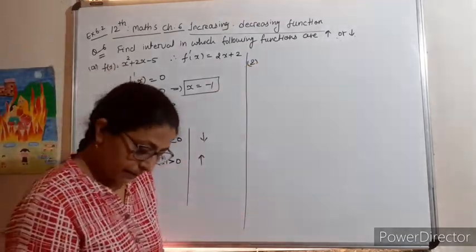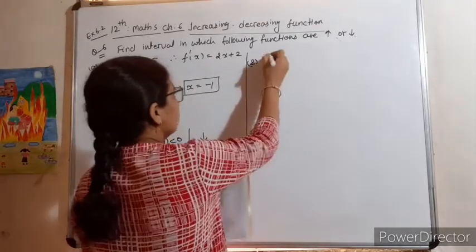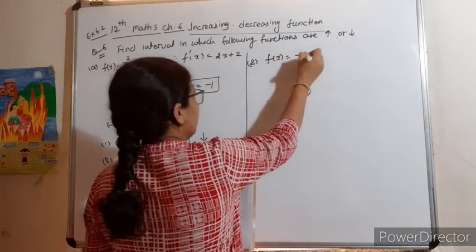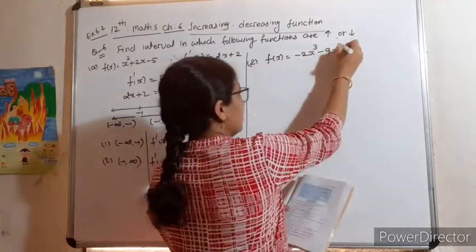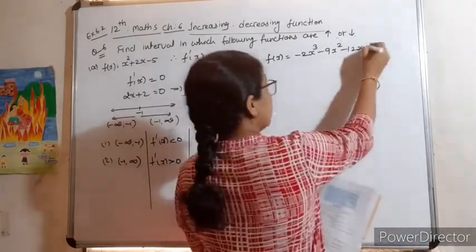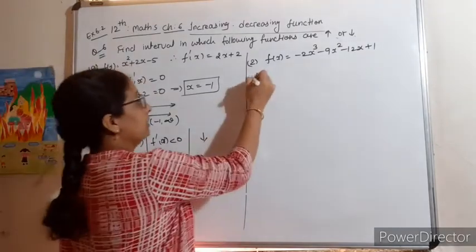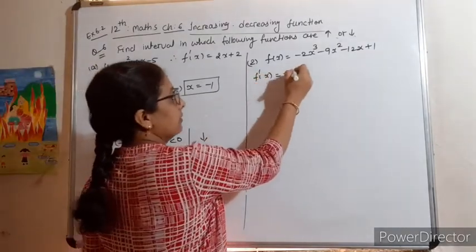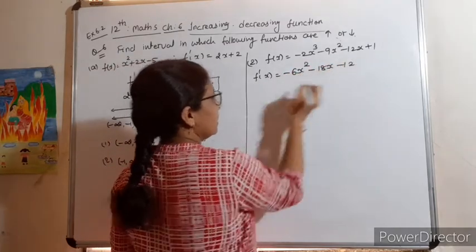Then the second one is -2x cube minus 9x square minus 12x plus 1. Okay. So first we'll find f dash x, which is -6x square minus 18x minus 12.